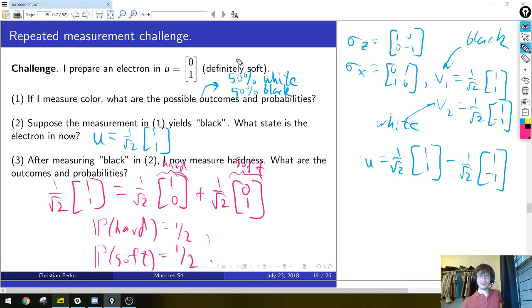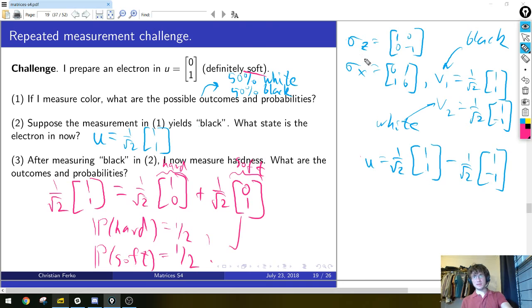Right, so I send in, say, all soft electrons, measure color, keep the black ones, and then measure the hardness of those supposedly soft and black electrons. But surprisingly, half of those electrons have now become hard rather than soft, even though all of the electrons fed into the first box were known to be soft.